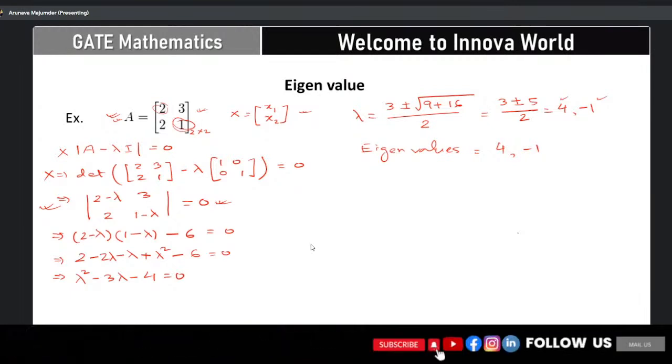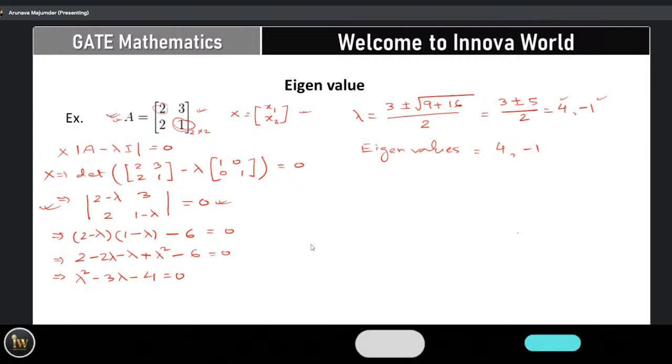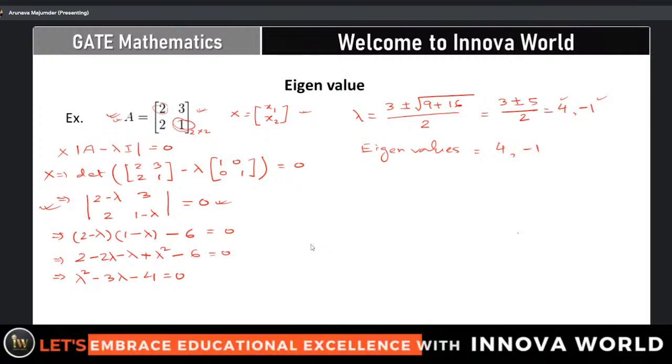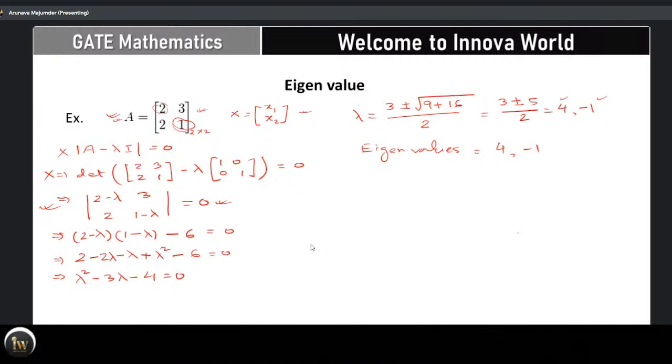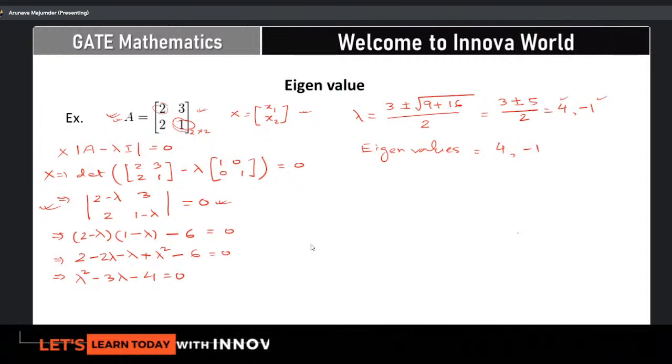So we can get two eigenvalues, but the two values may be different, maybe same also, but the number of eigenvalues cannot exceed the dimension of the matrix. For a 2 cross 2 matrix, we can get a maximum of two eigenvalues, not more than that.